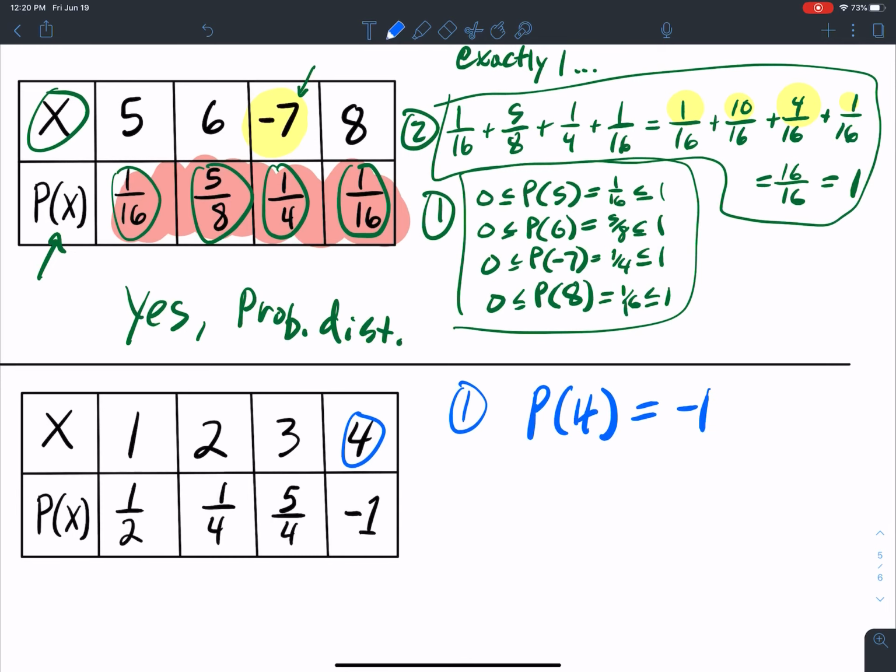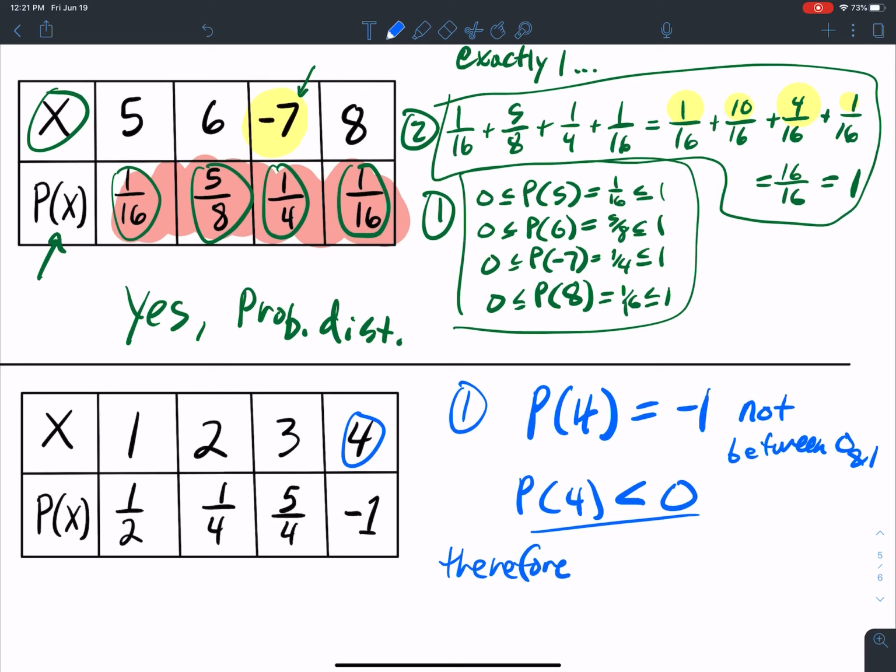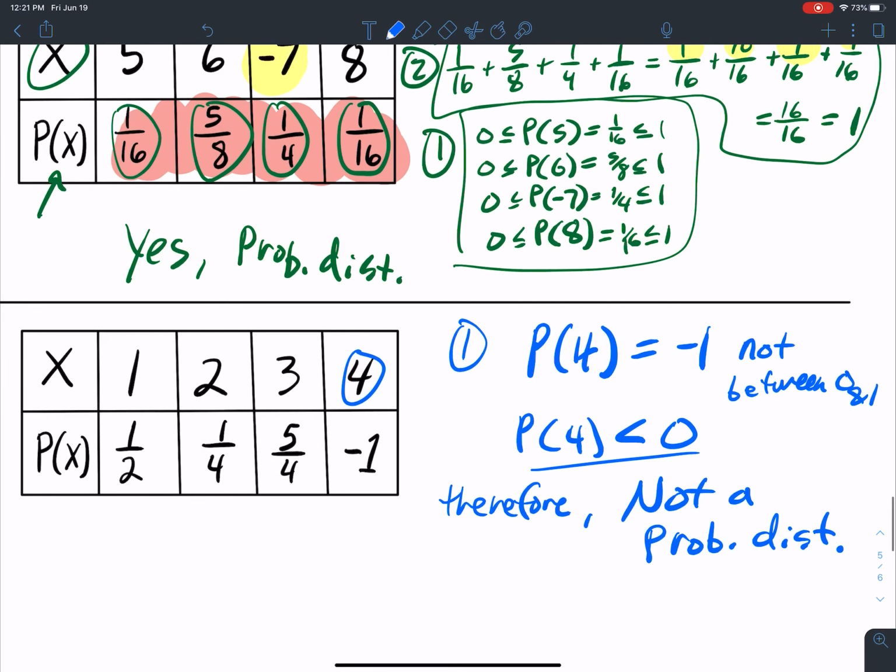Well, that is not between 0 and 1. Okay? So P of 4 is actually less than 0. Right? Therefore, not a probability distribution. Okay, there's no reason to keep going on to see if it adds up.